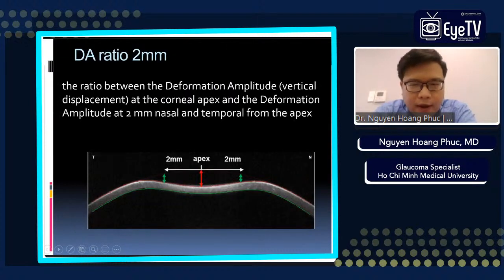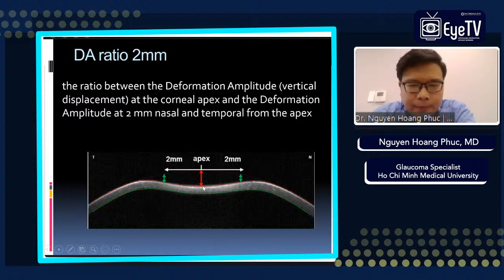At this stage, we also have a special parameter. We call it the DA ratio 2 millimeter. This is the ratio between the deformation amplitude at the corneal apex, the red arrow, and the deformation amplitude at 2 millimeters nasal and temporal from the apex, the green arrow.